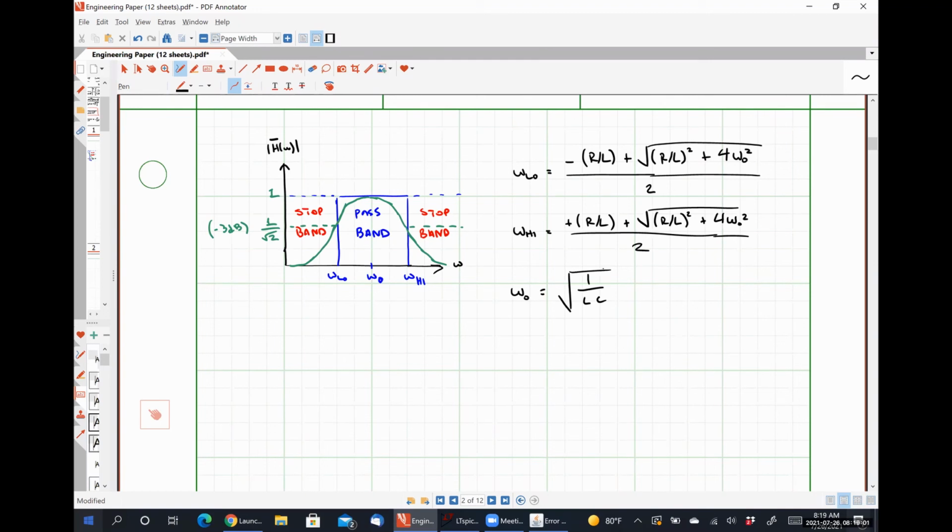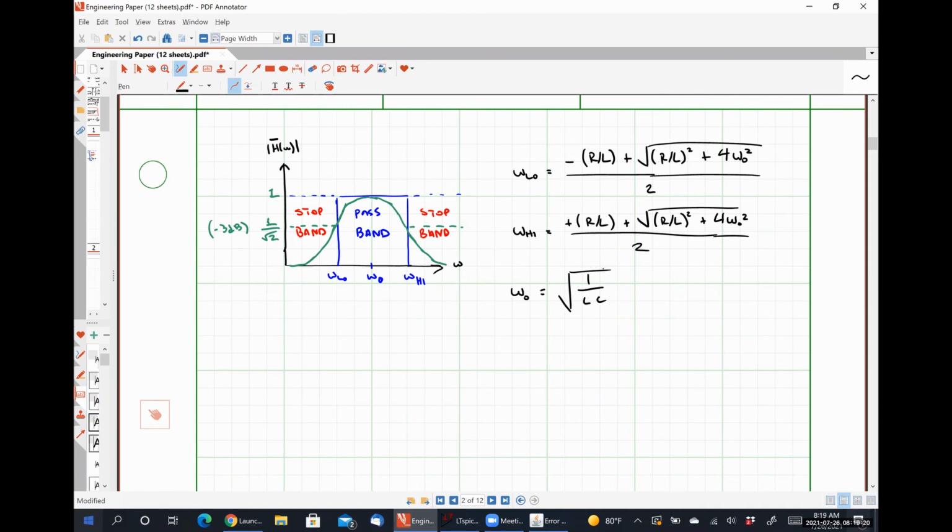So omega naught for a series RLC circuit that we're using as a filter is the exact same thing as omega naught for a series RLC circuit that we were doing transient analysis on, because they represent the same thing. It's the resonant frequency of the circuit.